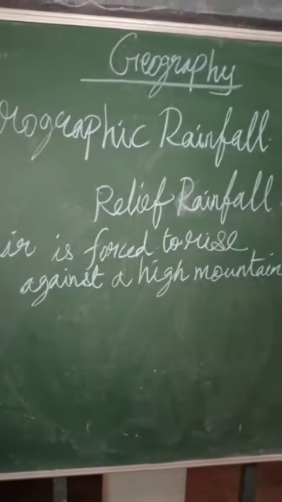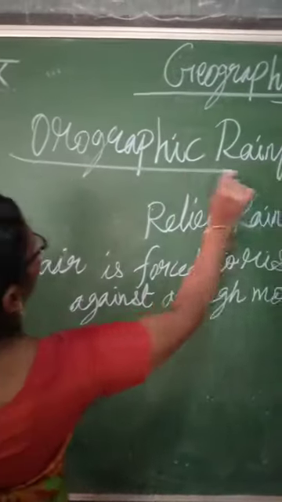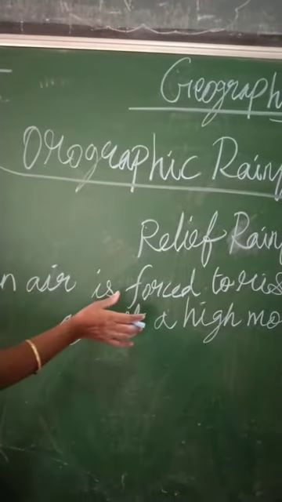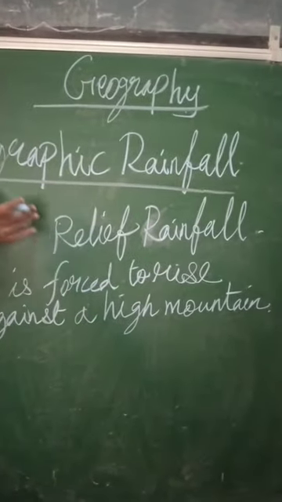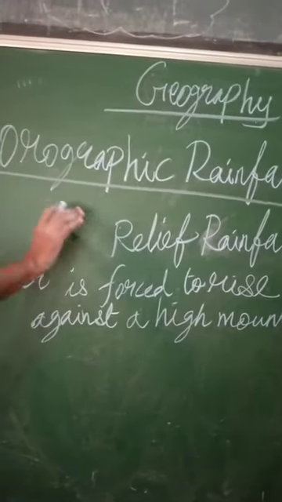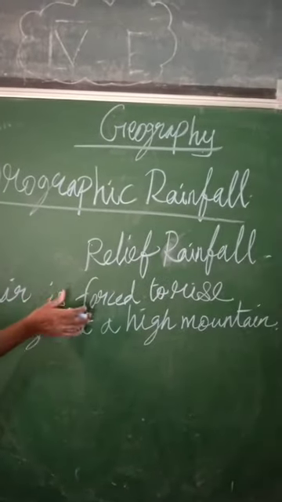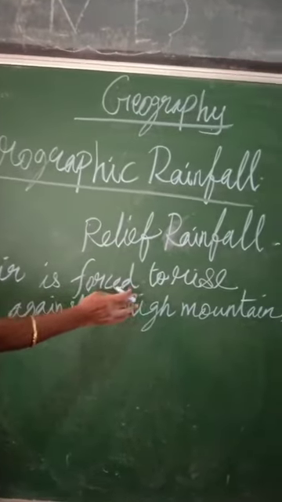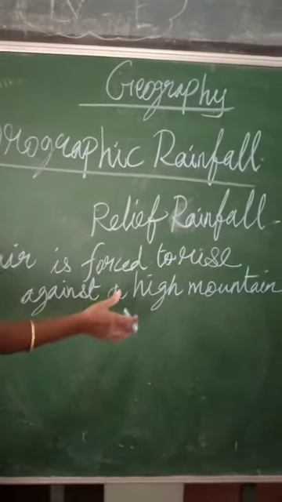Students, now we are going to learn orographic rainfall. Orographic rainfall is also called relief rainfall. It is caused when air is forced to rise against a high mountain.